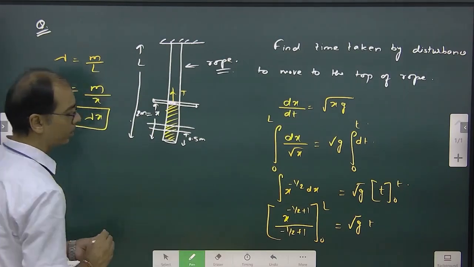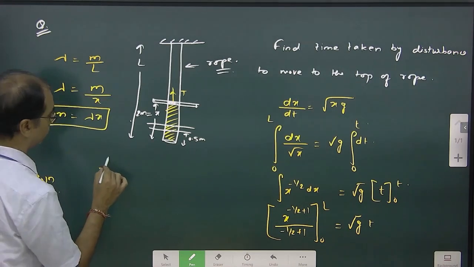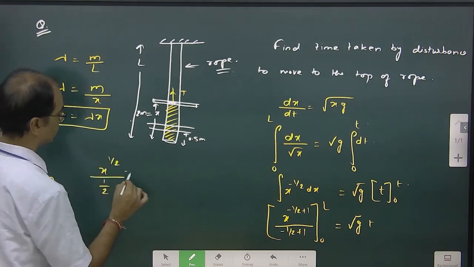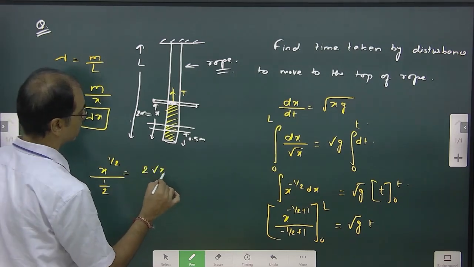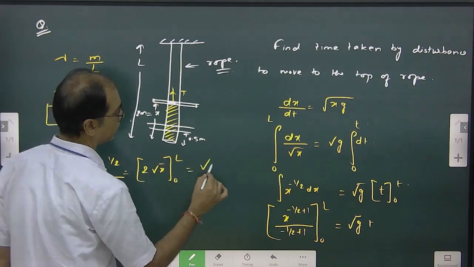So what's coming? X to the power half, at the top also half, by 1 by 2, right? So this we can write as 2 root x. Limits is what? 0 to L equal to root g into t.